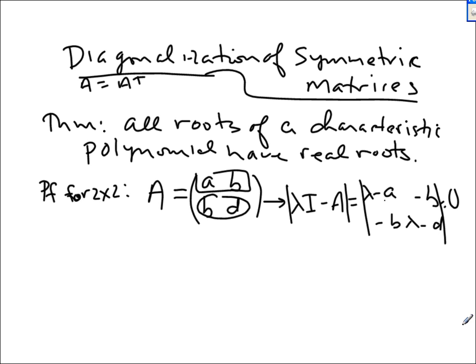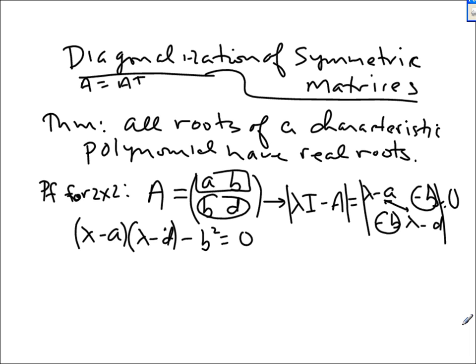Well, that determinant comes from multiplying those two, and you get lambda minus a times lambda minus d, minus the product of those two. The product of those two is b squared. Okay?